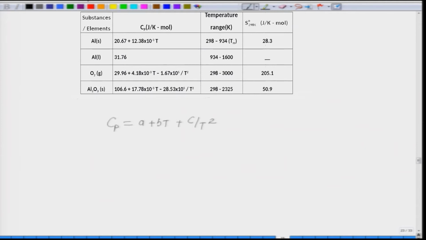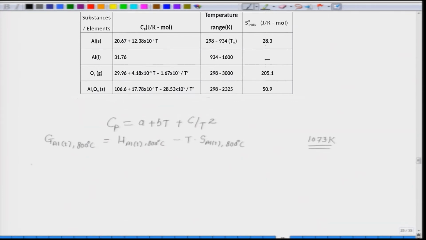Okay. So, based upon this, let us say if we want to evaluate Gibbs free energy of 1 mole of aluminum at, let us say, 800 degree centigrade, that should be enthalpy of aluminum liquid at 800 degree centigrade minus T times entropy of aluminum liquid at 800 degree centigrade, right. 800 degree centigrade is basically 1073 Kelvin.